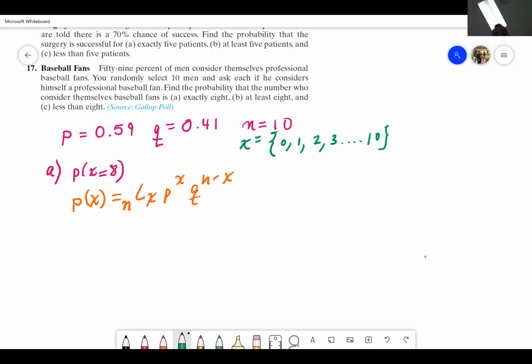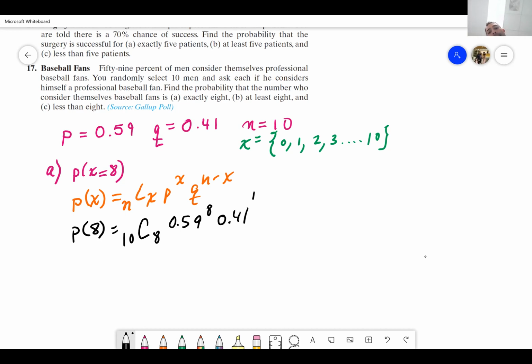So let's begin our substitution. What is X here? What is X? 8. What is N? What is X again? What is P? Raised to the what power? And then we have 0.41 raised to the 10 minus 8.